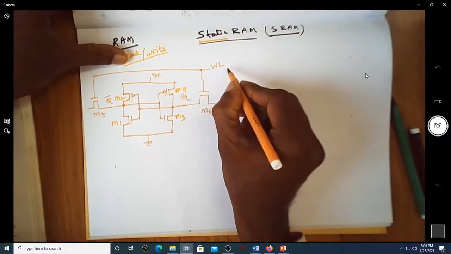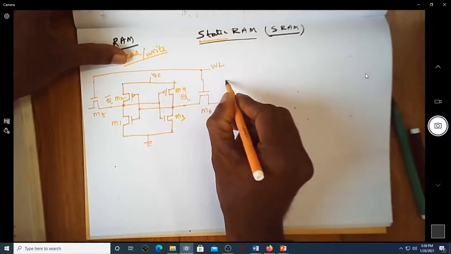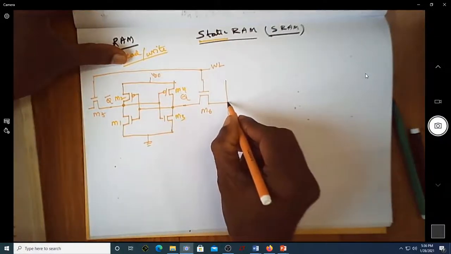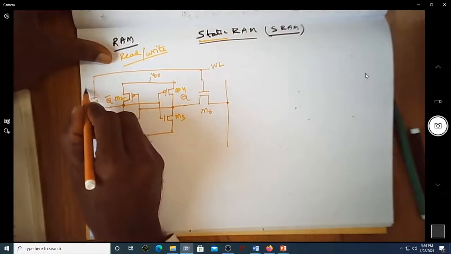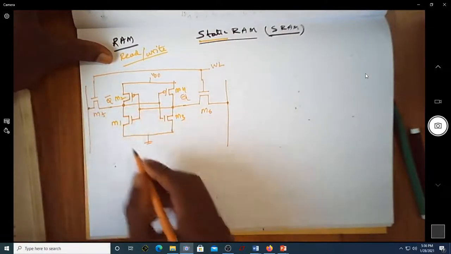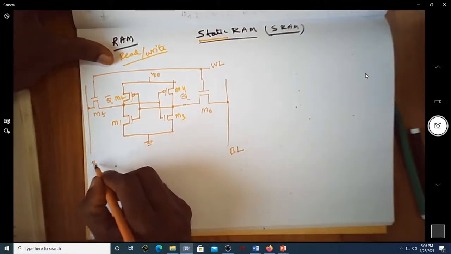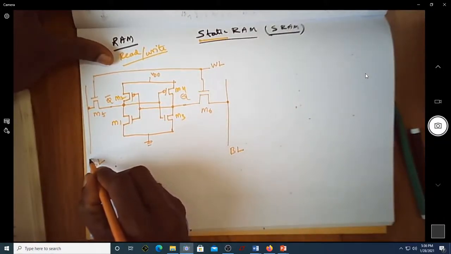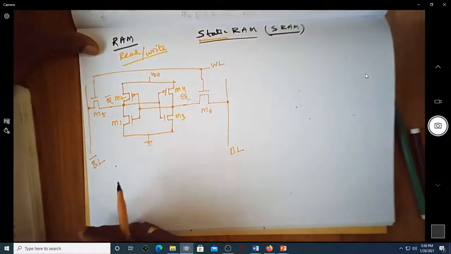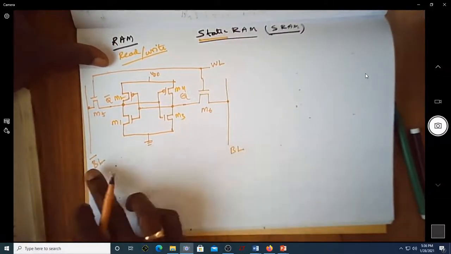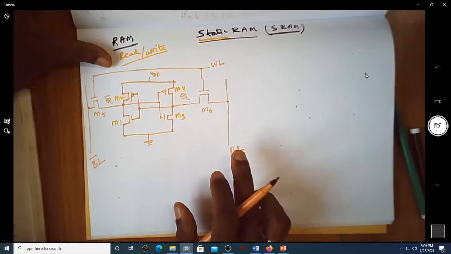Let us consider the bit lines also. This is one of the bit lines, which is connected to M6 as well as M5. I will write it as BL. This is also a bit line, but it is the complement of BL. So this is BL bar, this is BL.